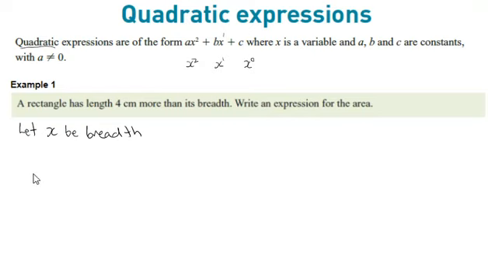So I'm going to draw a rectangle here as nicely as I can, like that. Now we know its width is x. We know its length is 4 centimeters longer than its breadth. So that means it's 4 centimeters longer than x, which of course will mean it is x plus 4.